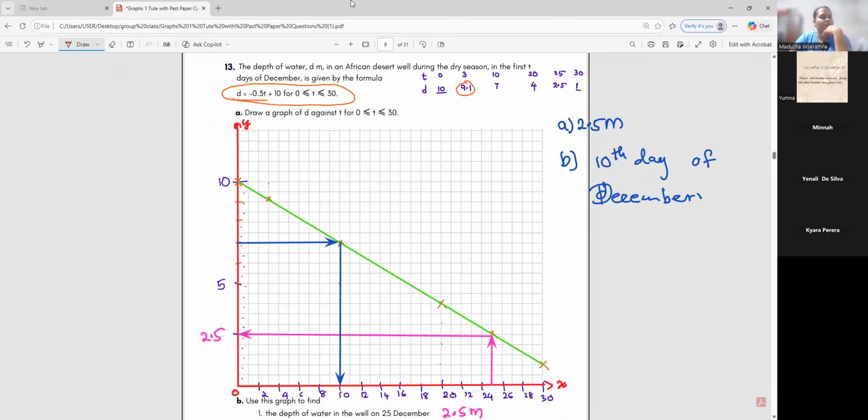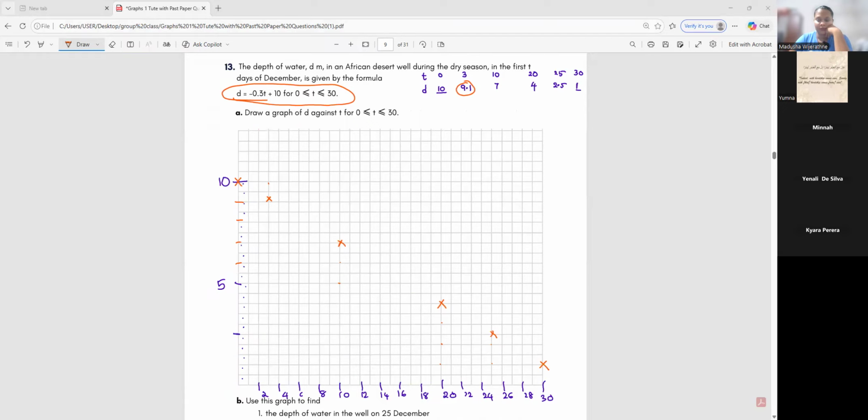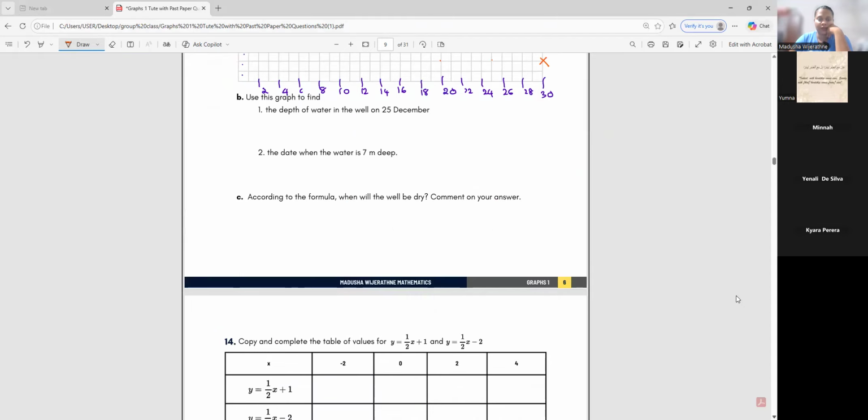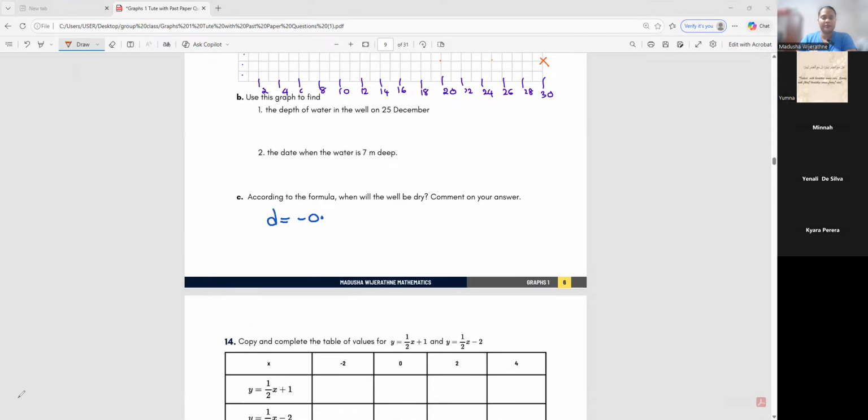Finish, no? Yes, teacher. There is one more section in this question, part C. They are asking when it will be completely dry. According to the formula, when will the well be dry? Completely dry, no water. Depth of water is 0. Formula is D equals minus 0.3 T plus 10.